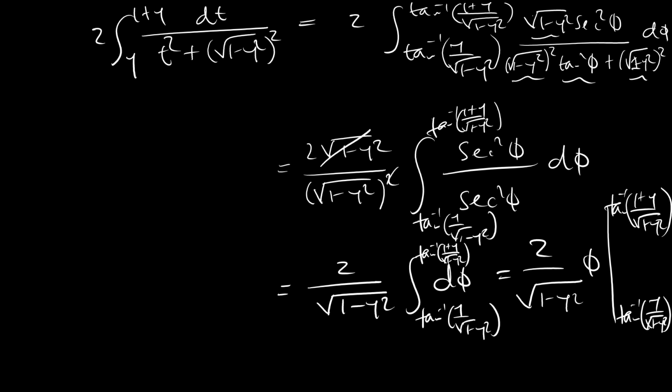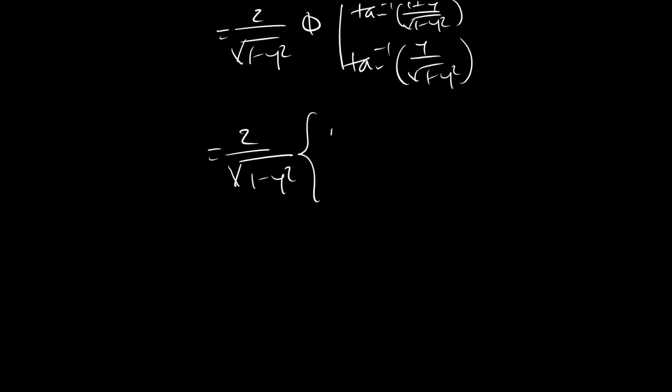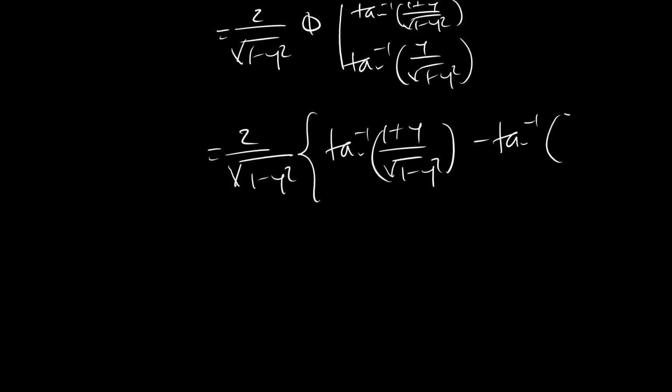Okay, so since we have this expression, this becomes 2 over the square root of 1 minus y squared times the arctangent of 1 plus y over the square root of 1 minus y squared minus the arctangent of y over the square root of 1 minus y squared.